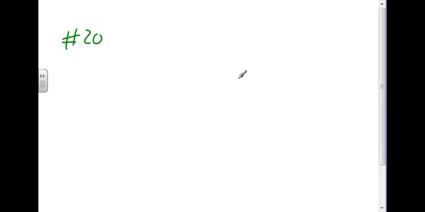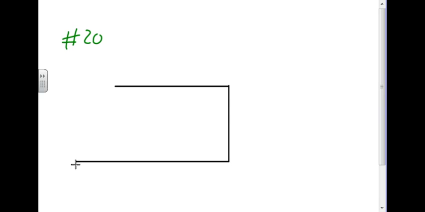And again, we probably need a better than normal picture for number 20. Okay, so we got something going. A to B, straight down to there. Over to here. And we want something going that way, that way, that way.